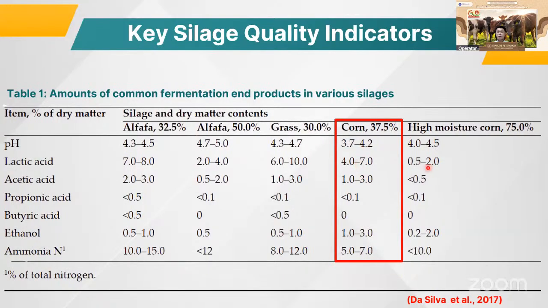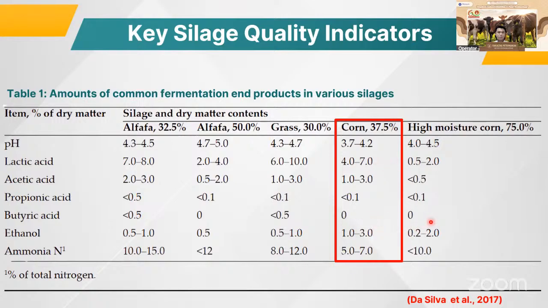When the forage contains high moisture, pH can increase higher than we expect, and this can affect the quality of silage. In addition, we require a high lactic acid content because it can control the pH as we need.